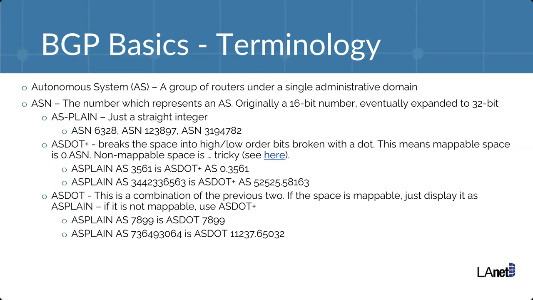We represent those autonomous systems with something called an autonomous system number, or ASN. A lot of people use AS and ASN kind of interchangeably, and I don't really have a problem with that. Just be aware they're actually not the same thing. An ASN effectively represents an AS, right?